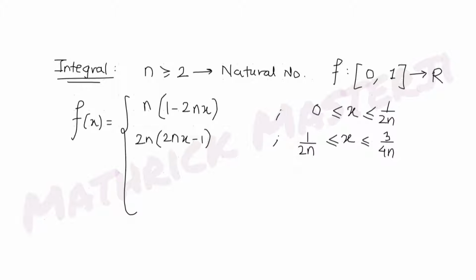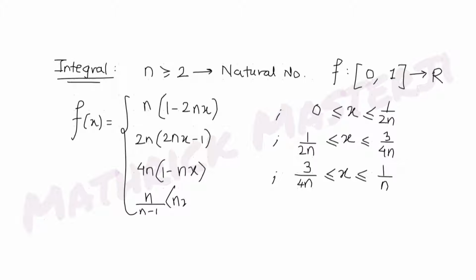The next is 4n(1 - nx), when x is from 3 over 4n till 1 over n. And the last one is n over n minus 1, (nx - 1), when x is from 1 over n to 1.